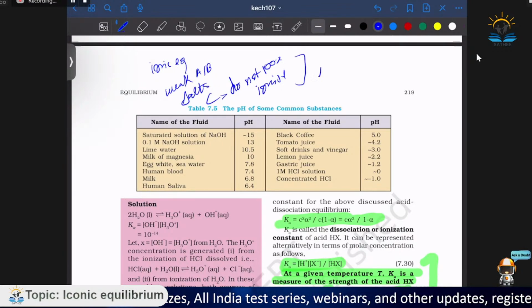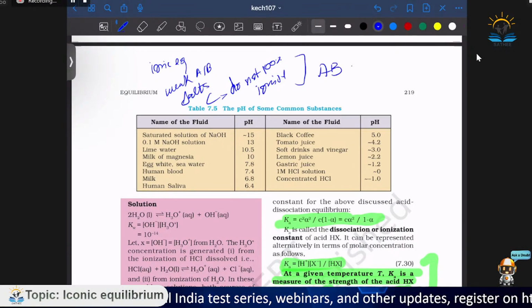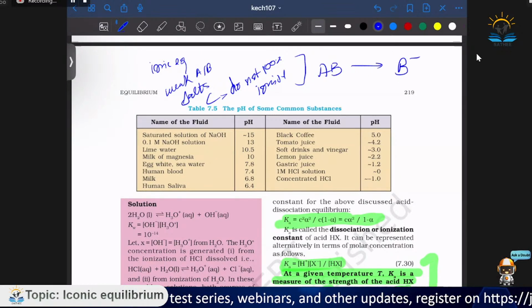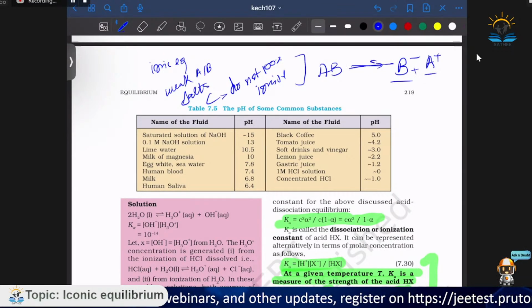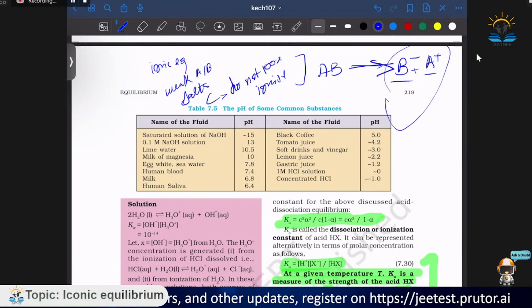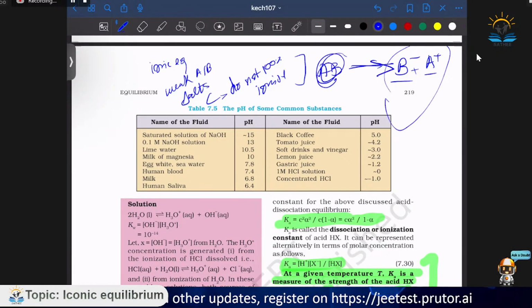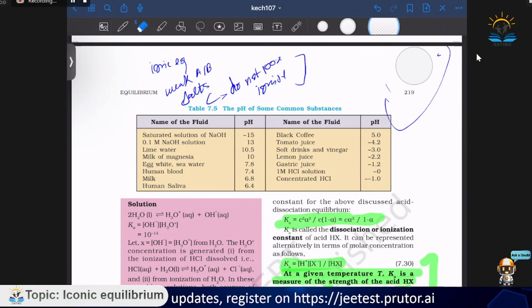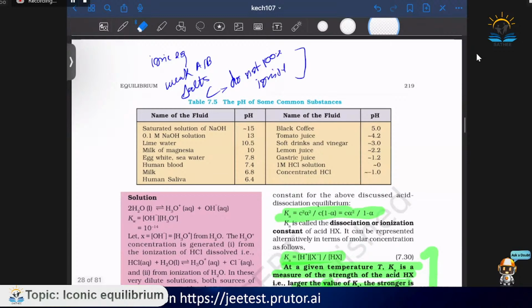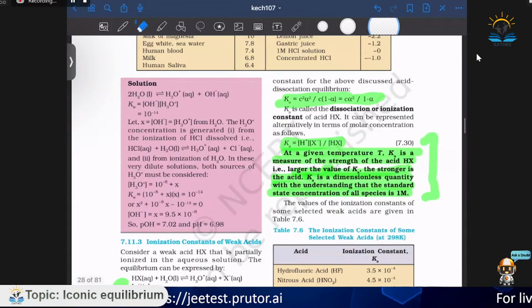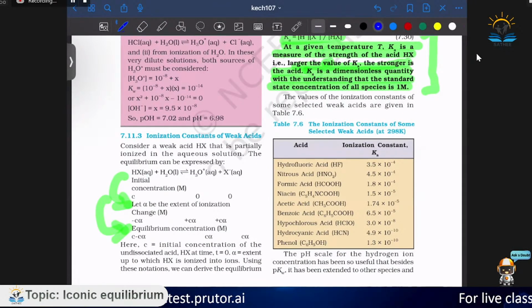Why? Because if a substance is ionizing 100%, then it is only existing as ions. Completely, the reaction has moved to this state. There is no existence of the parent molecule, and it cannot be an equilibrium. It is an irreversible reaction. So you don't take strong acids, bases and soluble salts also.